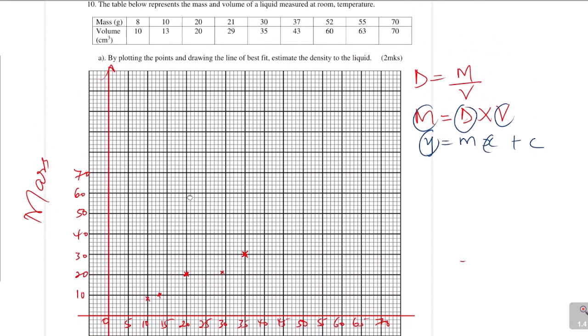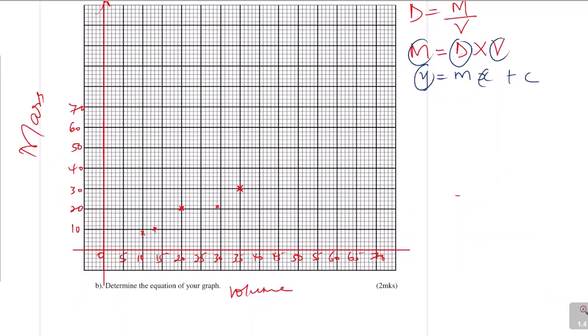The other one is 43, 37. So 43, 37. 41, 42, 43, 37. So 38, 37 should be somewhere there.